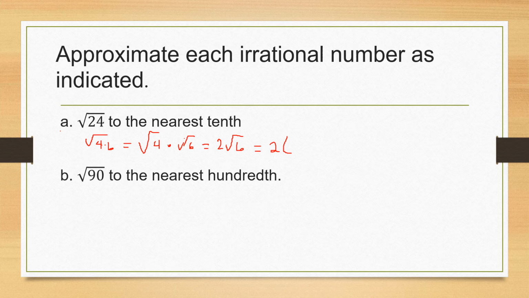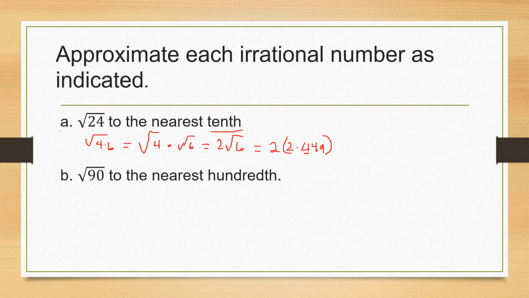Now, if we're going to get the 3 decimals, but it says we need to get to the nearest tenth. So ang tenths natin ito. Now yung 2.4 is the tenths place. So what will be our answer?